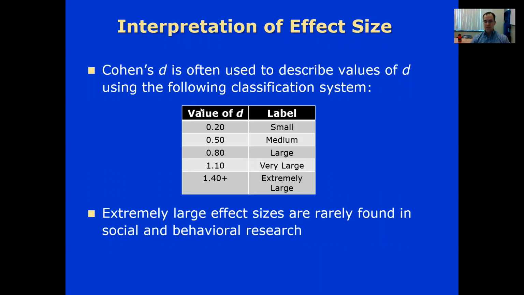So these are some of the considerations you should think about when you see, at least in our type of social and behavioral research, very extreme large effect sizes. Again, most would be below 1.